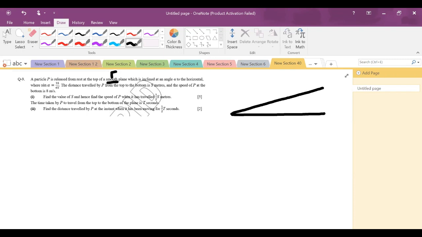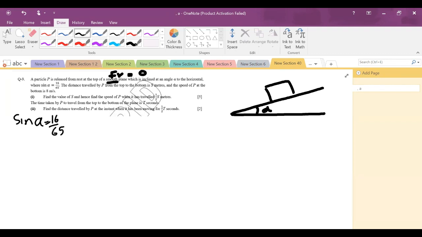Smooth means that friction equals 0. Okay. It's inclined at an angle alpha to the horizontal, where sin alpha is given to you 16 upon 65. So sin alpha is 16 over 65.